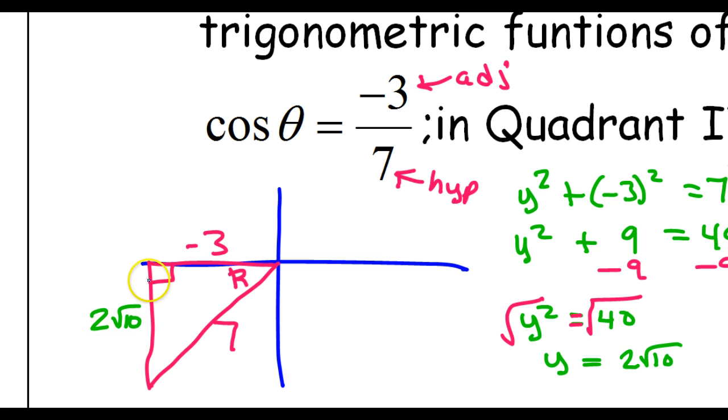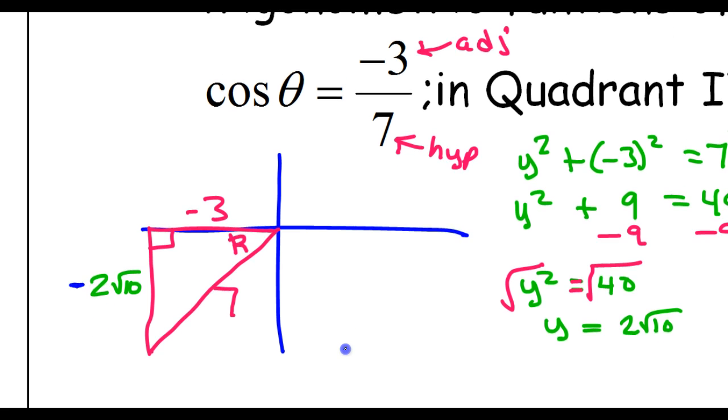This 2 radical 10 is down 2 radical 10, so this y value is a negative y value. I had said that it needed to be negative and then I didn't do it, so I'm betting that a lot of people will make that mistake. So don't let it be you. So this should be negative.